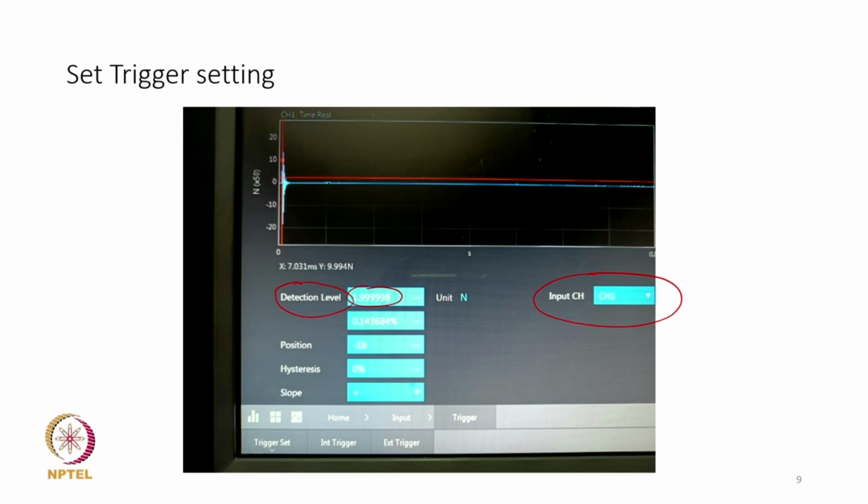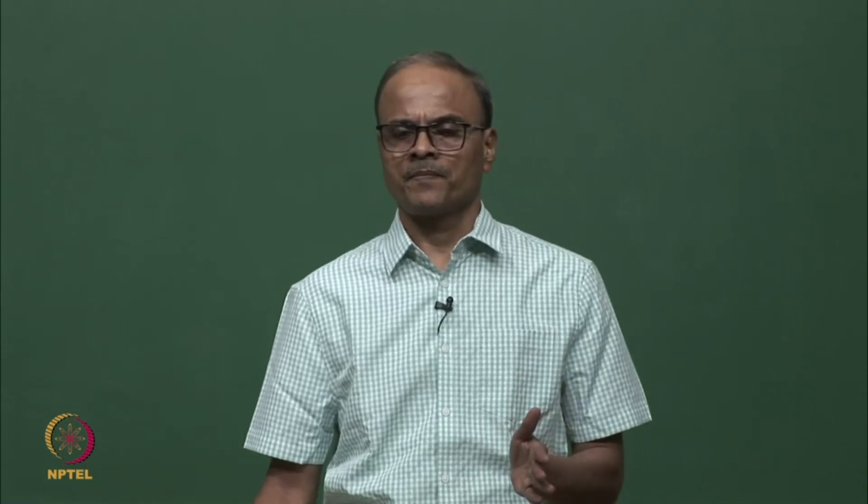So when the signal in channel 1 reaches 2 newtons of force, then the trigger would be set on, right. And another thing is that we also need to provide the position of the trigger, which indicates, with respect to the trigger condition, at what point measurement has to be started.